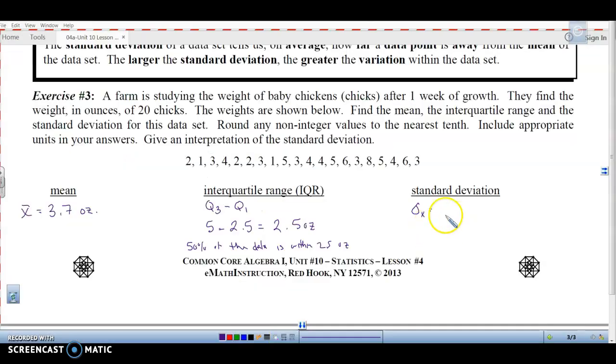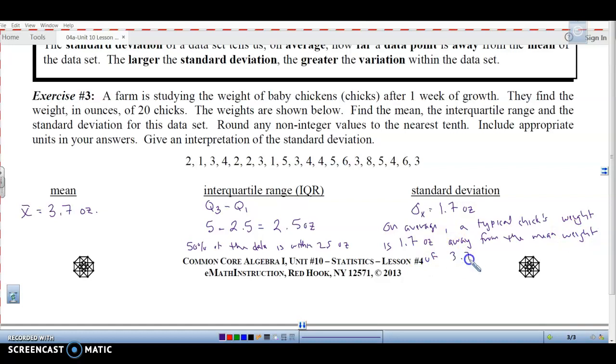So the interpretation of the standard deviation says that on average, a typical chick's weight is 1.7 ounces away from the mean weight of 3.7 ounces.